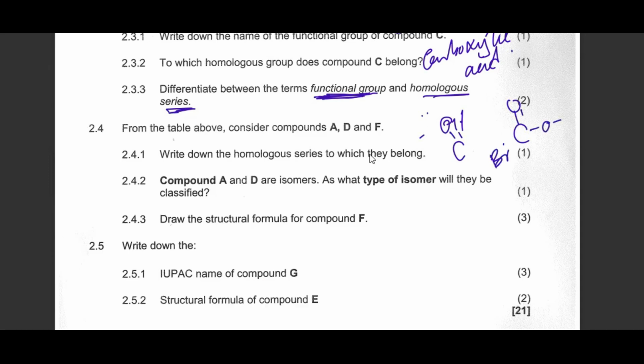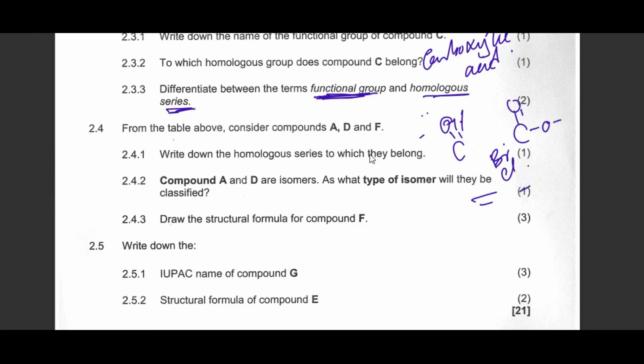What about bromine, chlorine? Just one atom. That's why it is said that a functional group is a bond or atom or a group of atoms. When we talk about bonds, we can talk about double bond, triple bond. It can be a bond, an atom, or a group of atoms that determines the physical and the chemical properties of an organic compound.